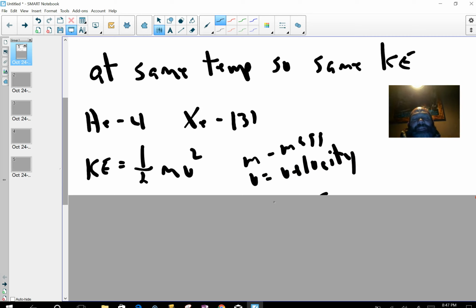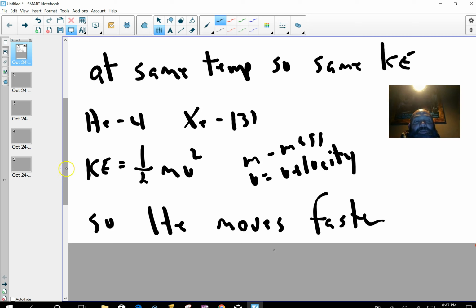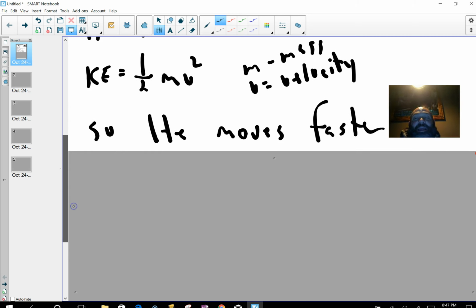So if these things have different masses, there's no way they can have the same speeds. With a much smaller mass of 4 for the helium atoms, it's going to have a much higher velocity than the xenon particles do. So smaller particles at the same temperature, to have the same kinetic energy, have to move faster, and at the same temperature, heavy particles will always move slower.